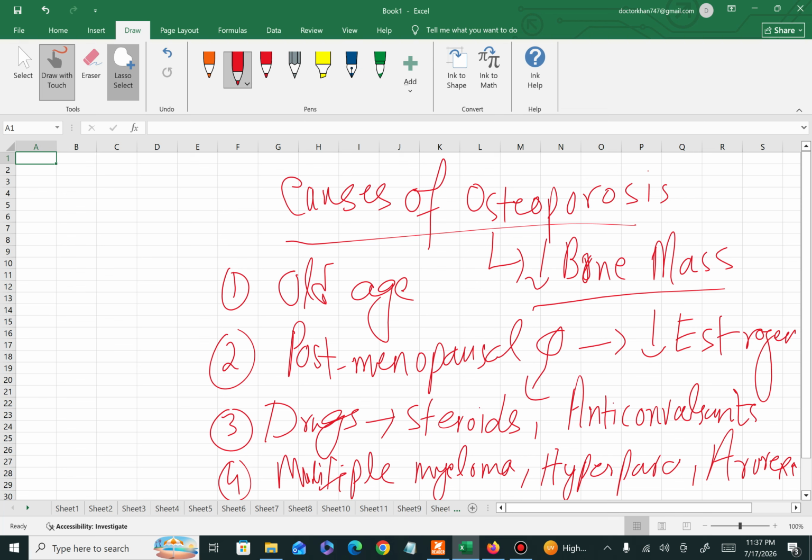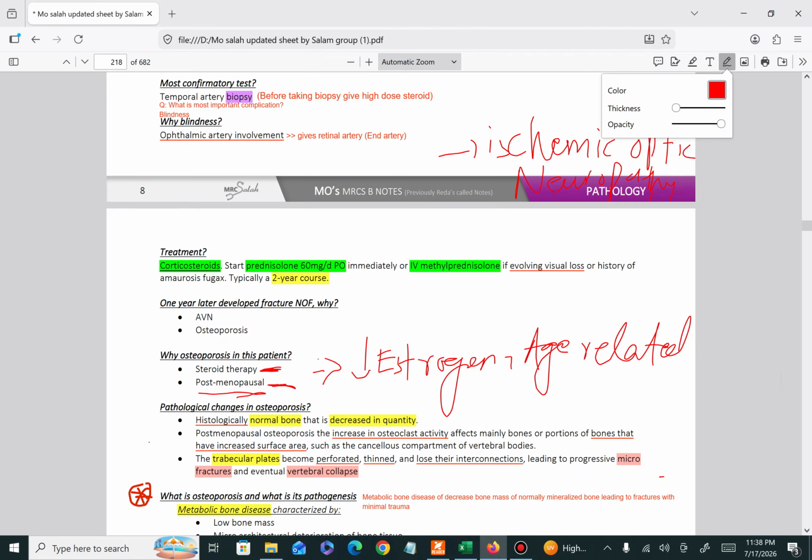There will be normal bone mineralization and normal serum calcium and phosphate. But there will be decreased bone mass. So this is about osteoporosis.